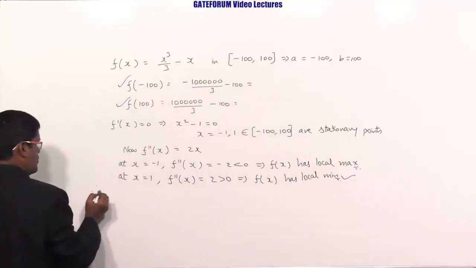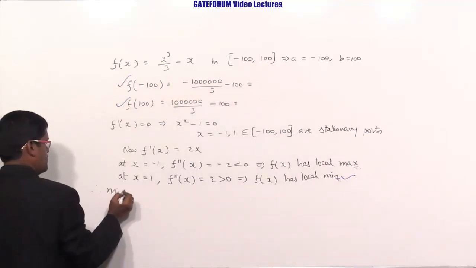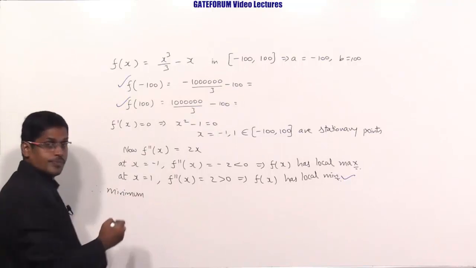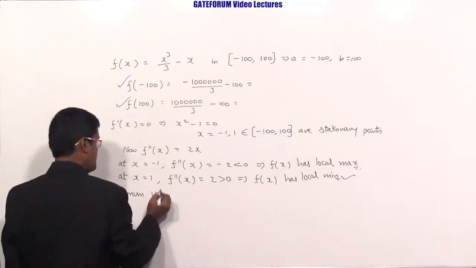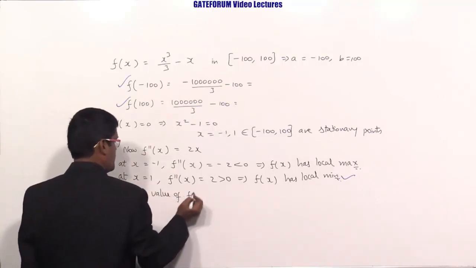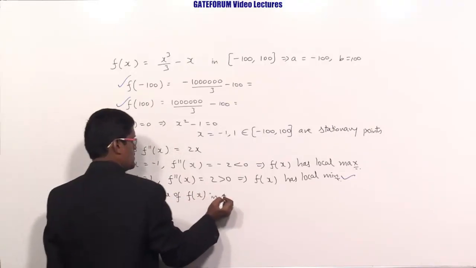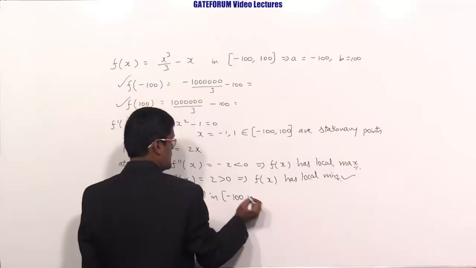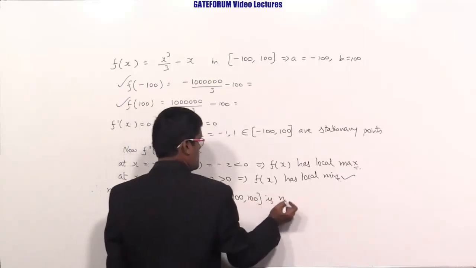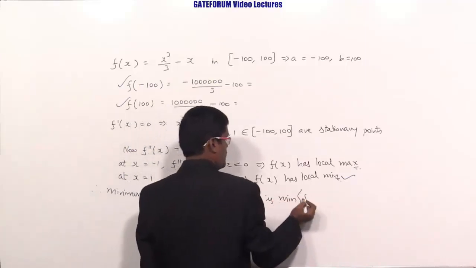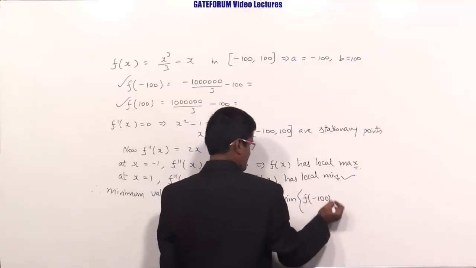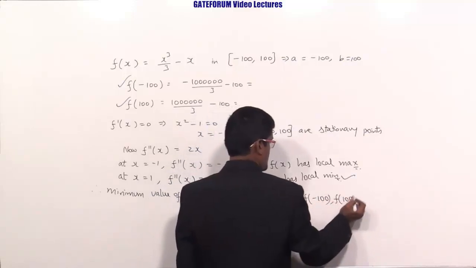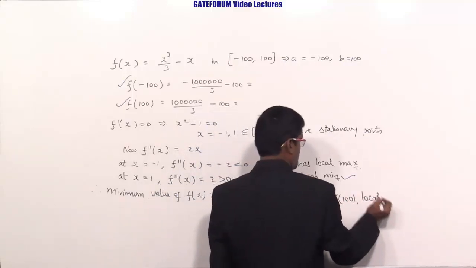So therefore the minimum value of f of x in the closed interval minus 100 comma 100 is nothing but the minimum of f of minus 100 comma f of 100 comma local minimum value.